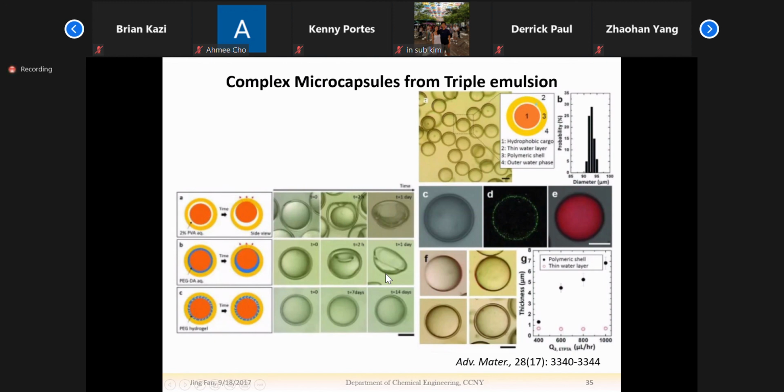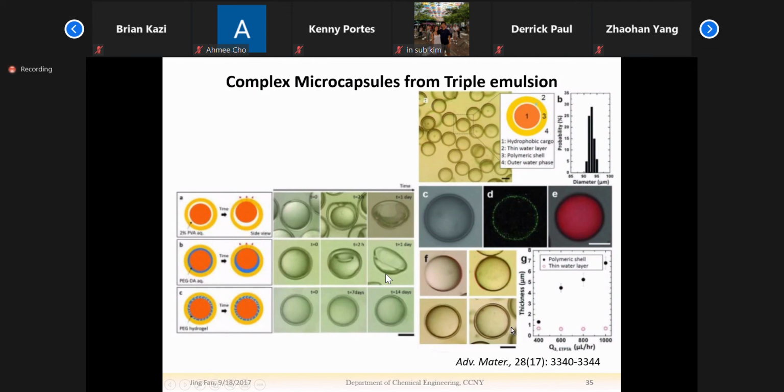So we have a double-layer shell encapsulating this water-based core, then surrounded by another outer water phase. We have played with the thickness of different shells and characterized the retention efficacy of these 2-layer capsules.